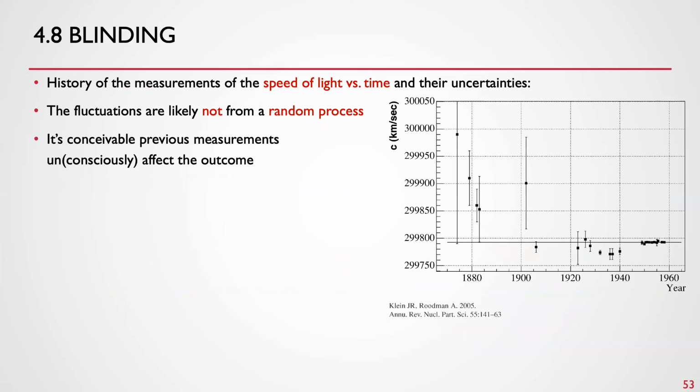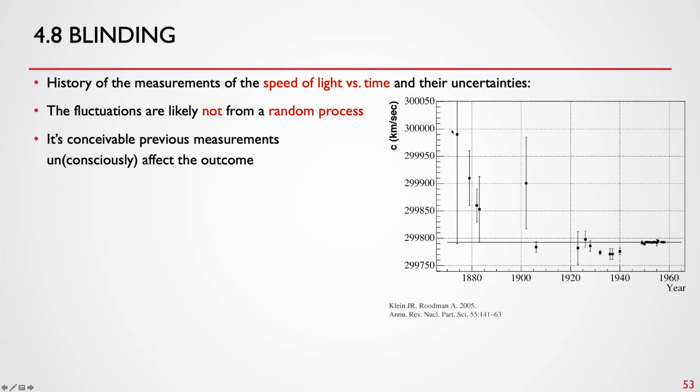Something that I alluded to in the beginning, another concept, is blinding. We shift gears again. The diagram to the right shows the measurements of the speed of light versus time and the corresponding uncertainties. And it is alarming.